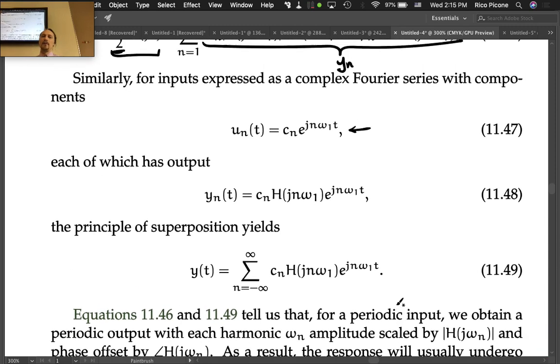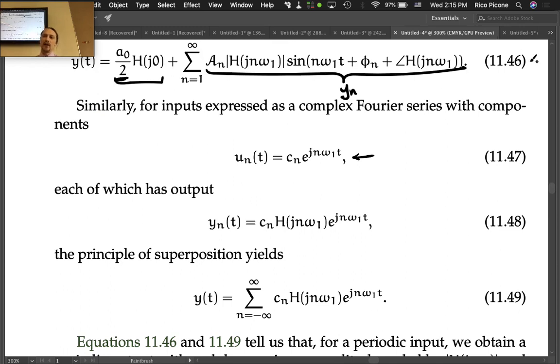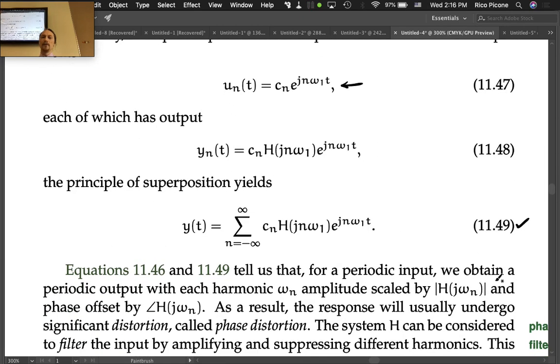So 11.46, the trigonometric form of the solution, and the second, the complex form, tell us that for a periodic input, we obtain a periodic output with each harmonic omega n amplitude scaled by the magnitude of the frequency response function at that frequency, and the phase offset by the phase of the frequency response function at that frequency.